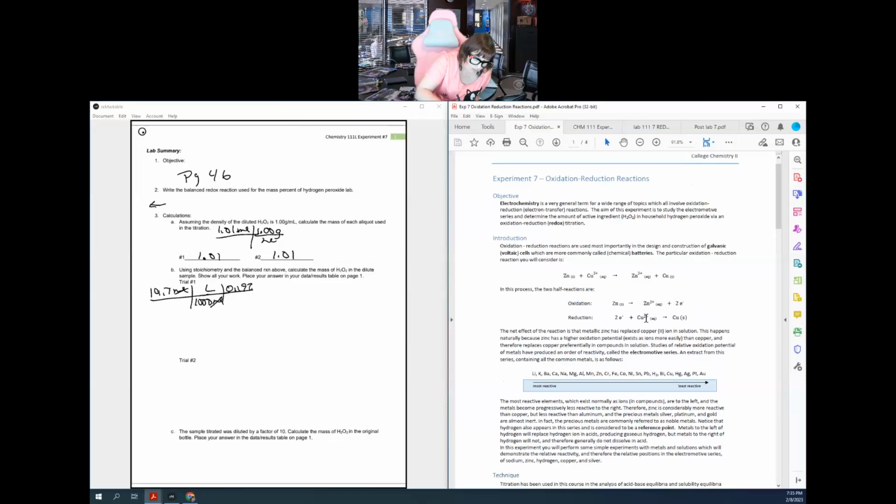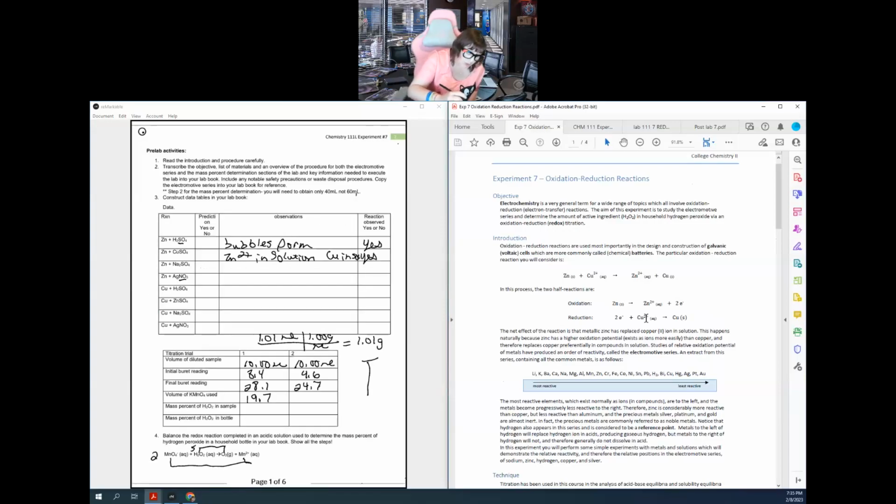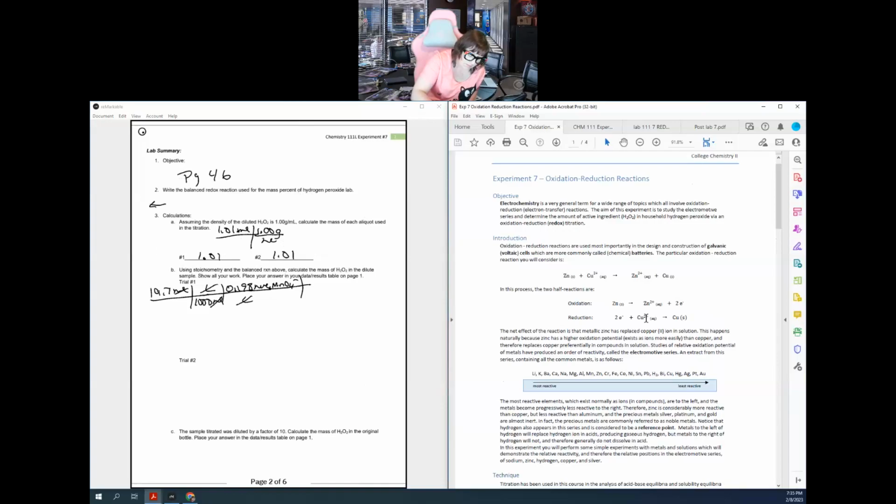It's a 0.198 mole per liter MnO4 minus. So that gets rid of the liters. I know that based on my stoichiometry that I cheated with, it's 2 MnO4 minus per 5 H2O2. And that's moles of H2O2. And I want to get to mass of H2O2.